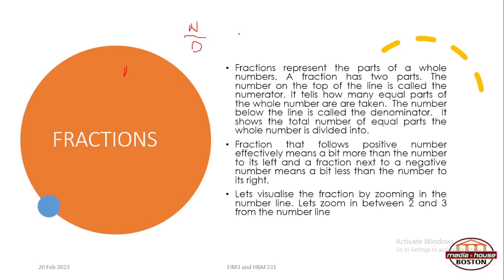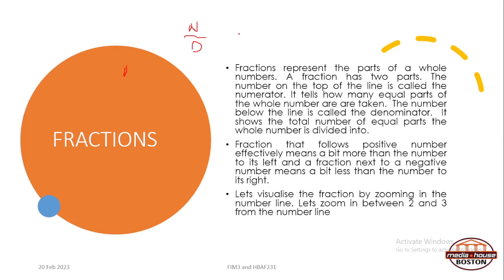The number on top, we refer to as the numerator, and the number below, we refer to as the denominator. A fraction always uses integers or whole numbers. The numerator tells how many equal parts of a whole number are taken, and the number below the line is called the denominator. It shows the total number of equal parts the whole number is divided into.